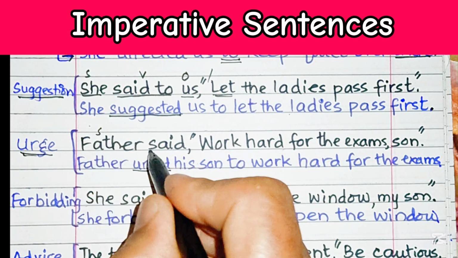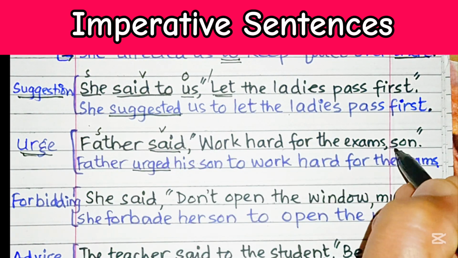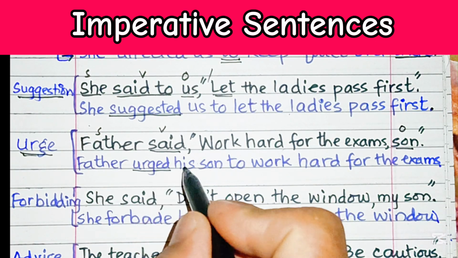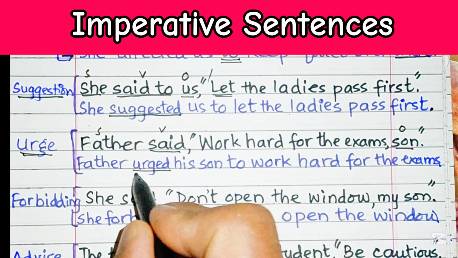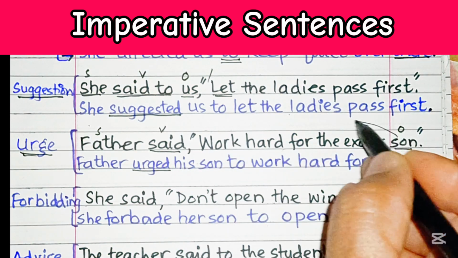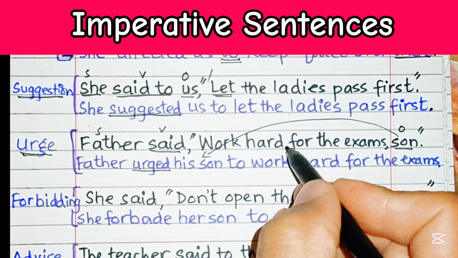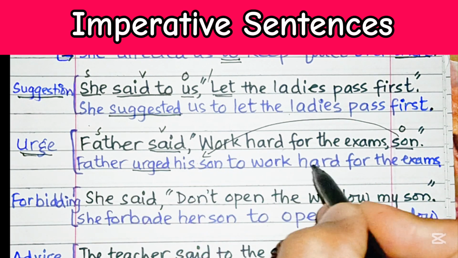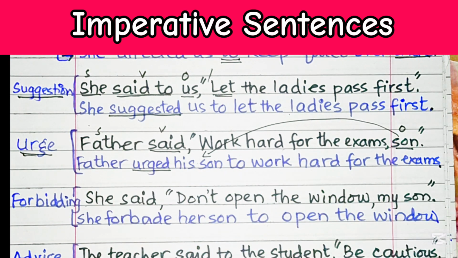So this was the subject, and this is the verb, and the object over here is the addressee, that is son. Work hard for the exams. So father urged his son to work hard for the exams, and then there is a full stop.